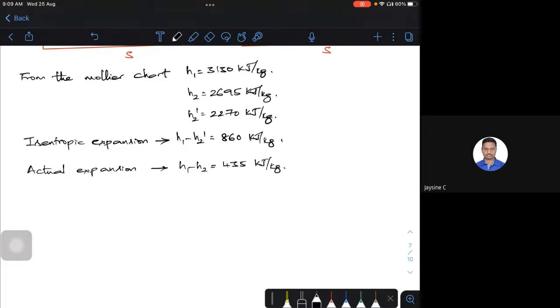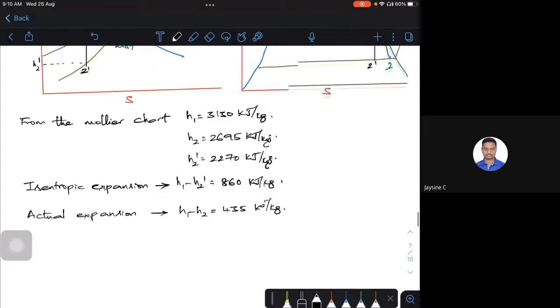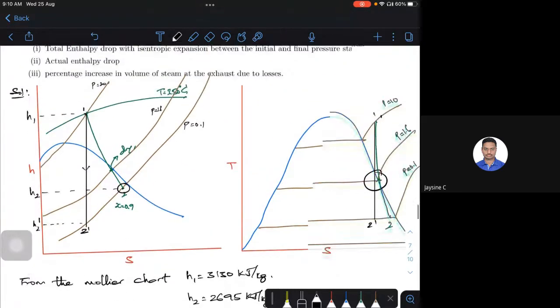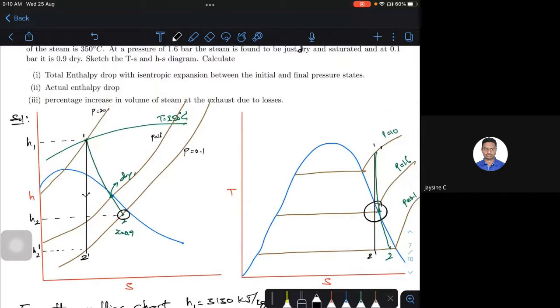So I got the actual enthalpy drop and isentropic enthalpy drop. Now you closely observe, see, what will be the specific volumes actually? They asked us to find the isentropic enthalpy drop, which we have found out. The actual enthalpy drop we have found. Now, there is a little bit tricky situation here. How can we find the percentage increase in the specific volume?